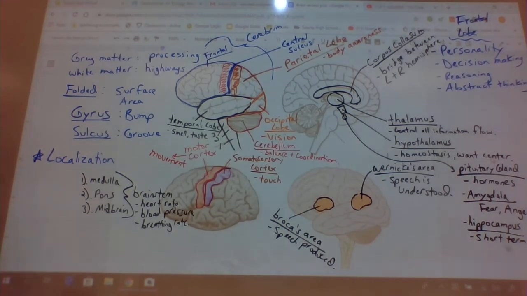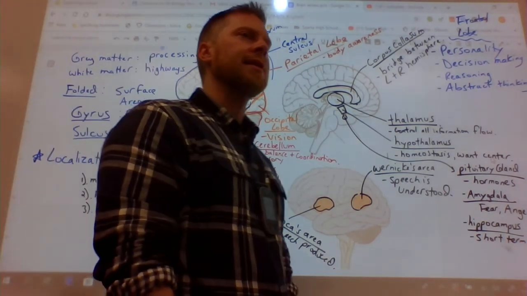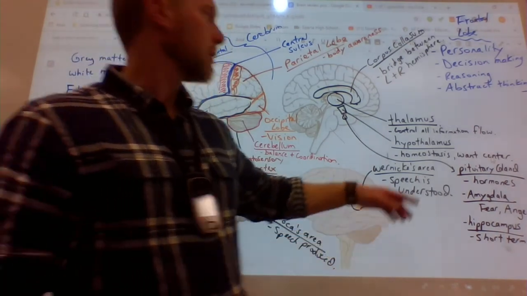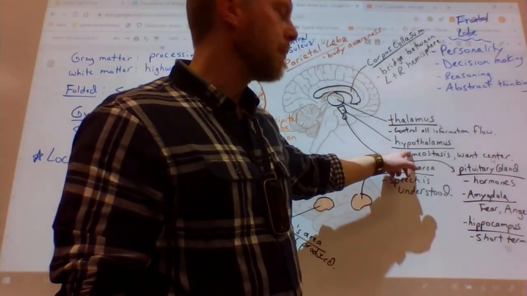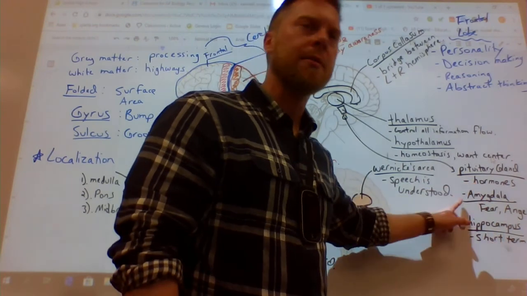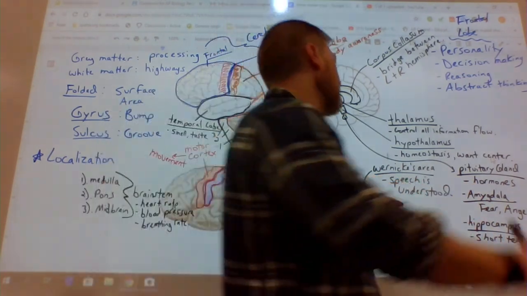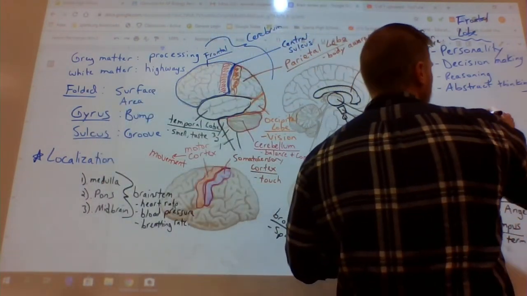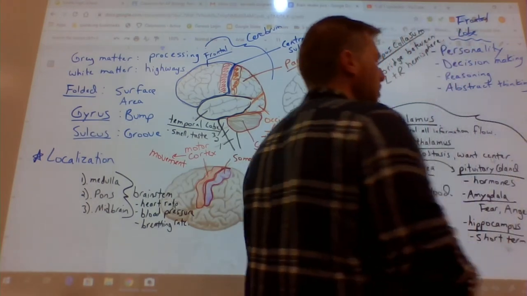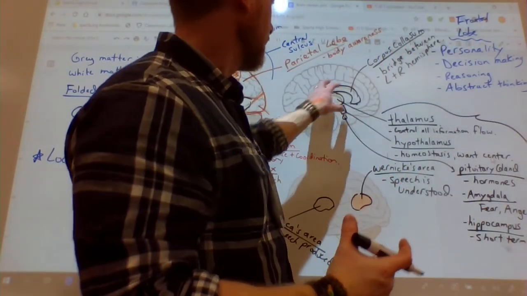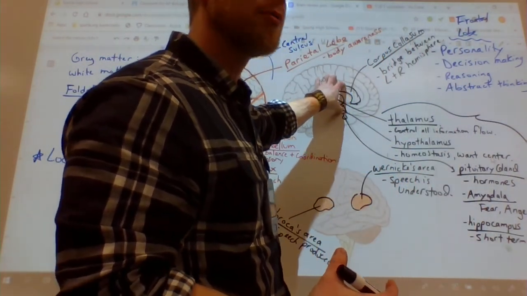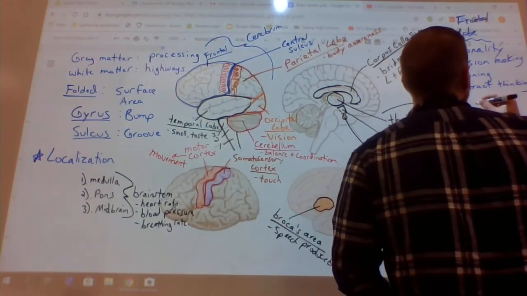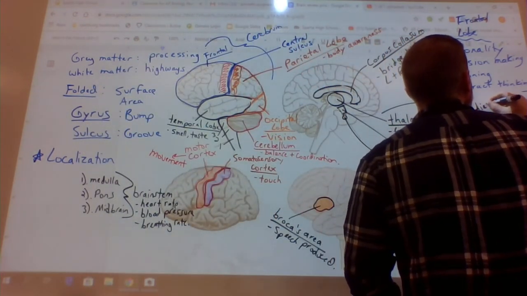Now, if we look at all these deep brain structures, you have the thalamus, the hypothalamus, the pituitary, the amygdala, and the hippocampus. And you put all of these deep brain structures together. This deep region right here, we call this the diencephalon.